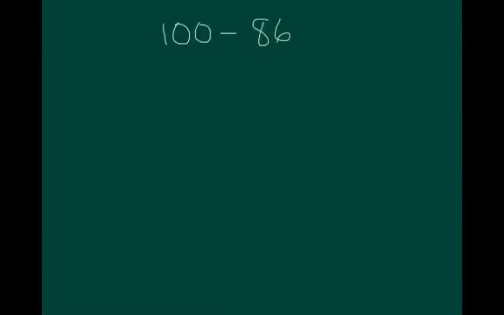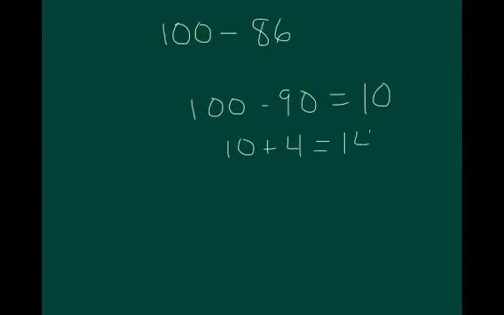I can think about that as 100 minus 90, I know is 10. But I actually subtracted 4 extras, so I need to think about adding that 4 back in to get 14. Okay, so what did I do here? I actually added 4 here, but then I have to make sure that means I subtracted 4 too many, so I need to give that 4 back.